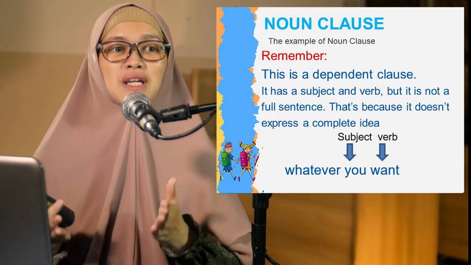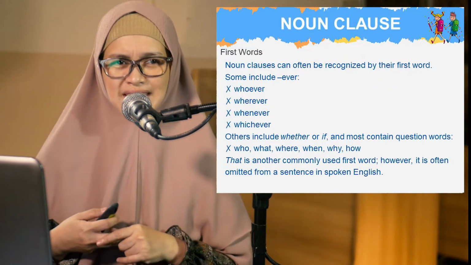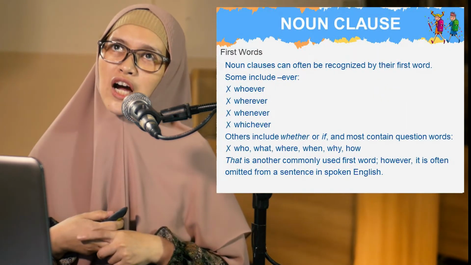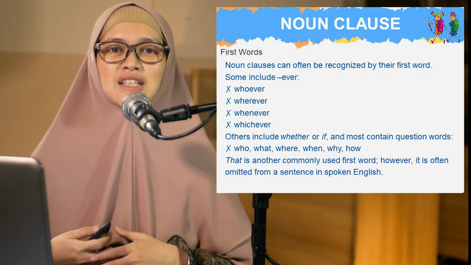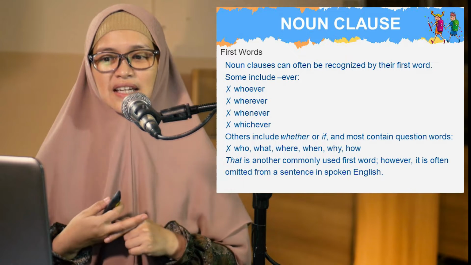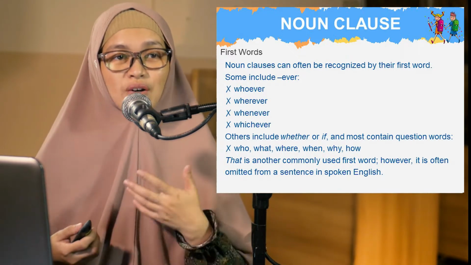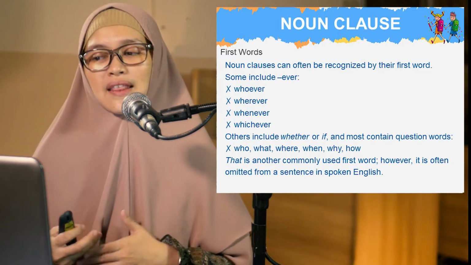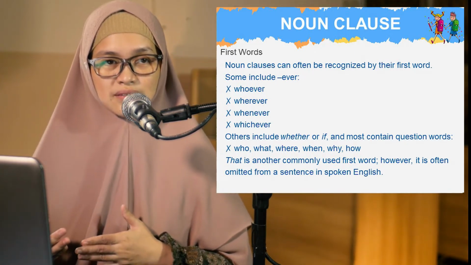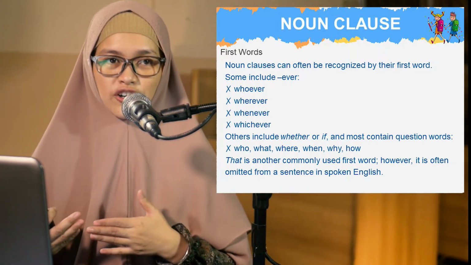Okay, let's go on. See here, we have first words. What is it? Some people say that the first word is a relative pronoun. A noun clause can often be recognized by its first word. Some include the suffix ever.